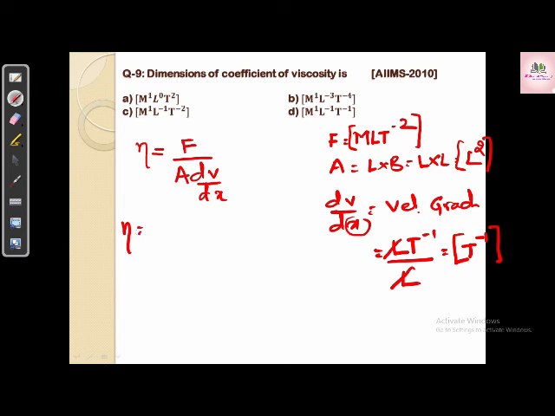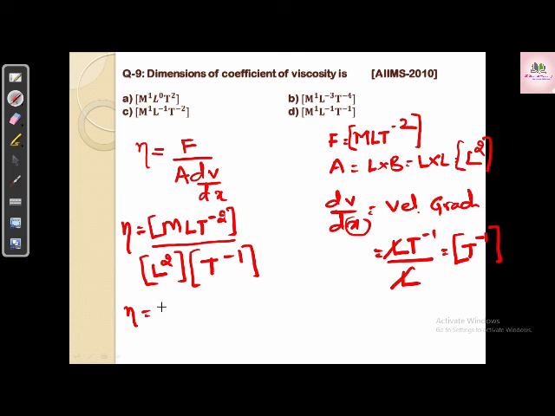So substitute all quantities in the equation. Eta, the coefficient of viscosity, is equal to F, that is M L T to the power minus 2, divided by area, that is L square, into velocity gradient having the dimension T to the power minus 1. These two quantities go to the numerator, so that becomes M L T to the power minus 2 into L to the power minus 2 and T to the power plus 1.